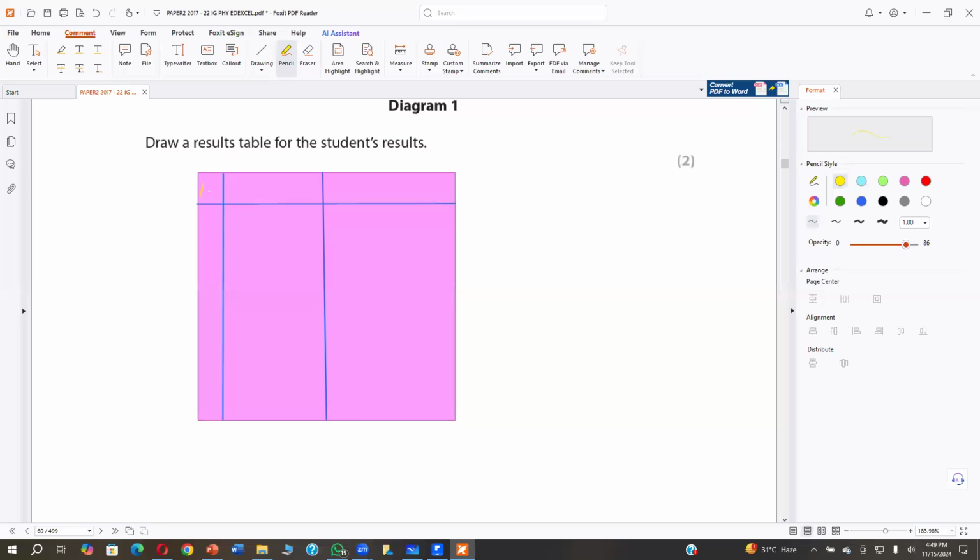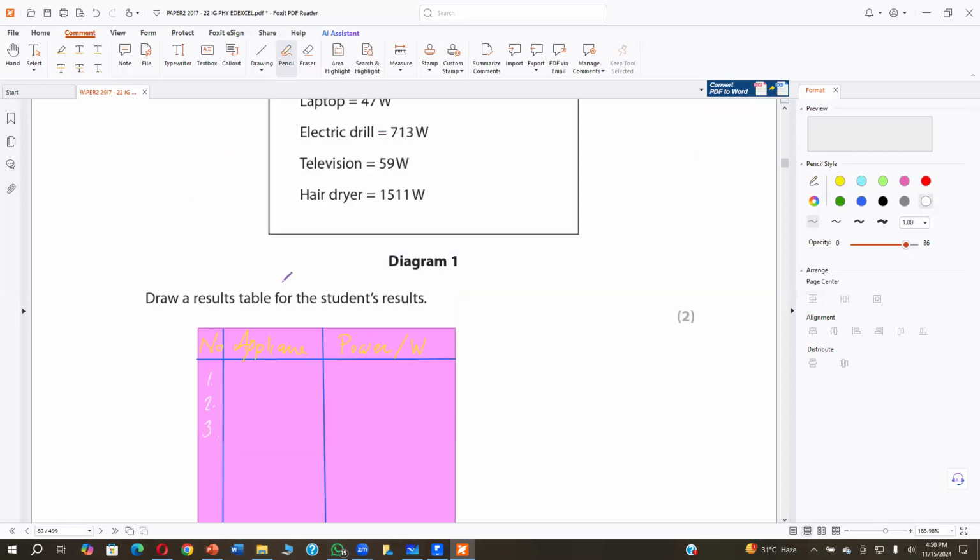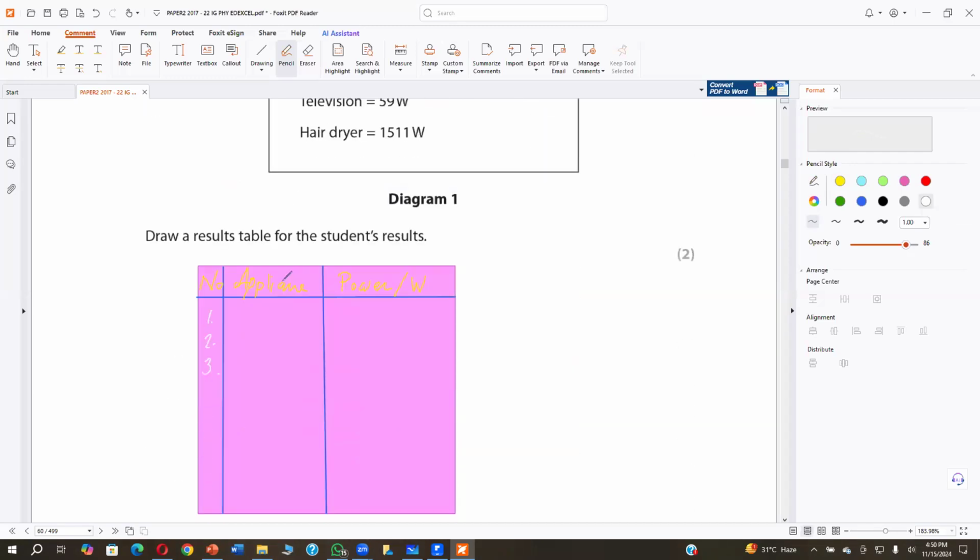So we put number here, and we put appliance here, and we put power in watt. And then we put 1, 2, 3. Then we just copy the toaster and everything. Toaster 1068, and then kettle 2025.